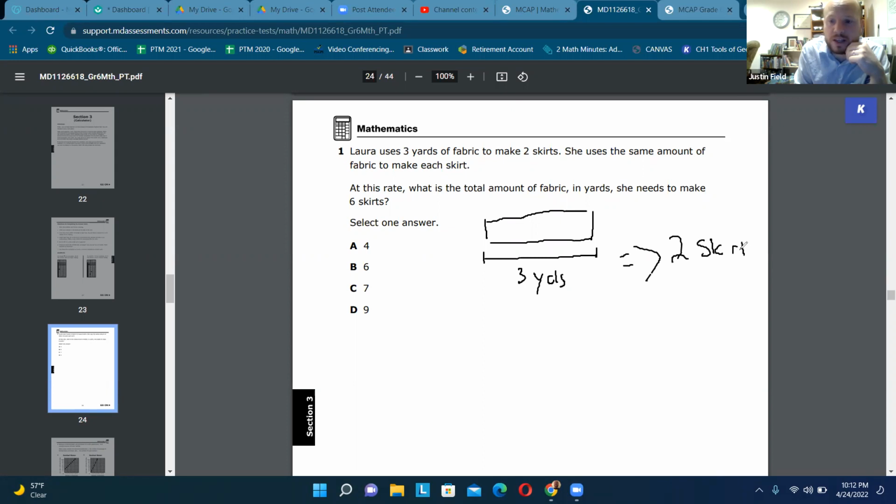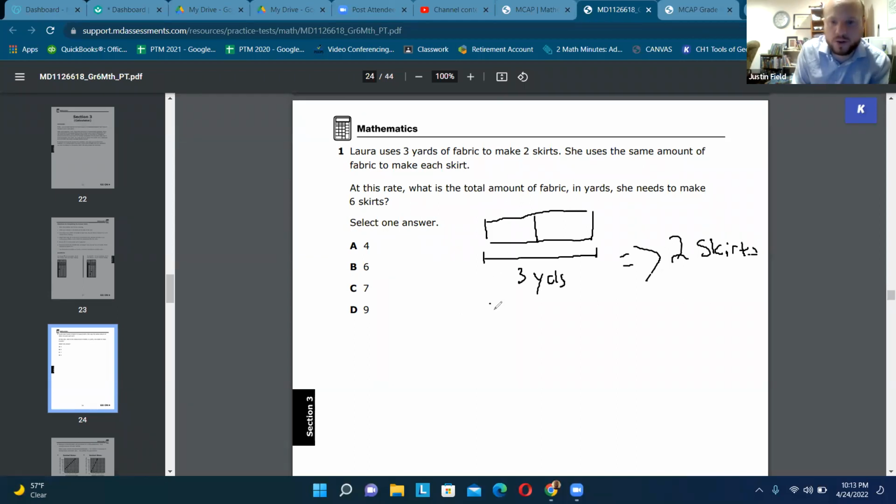I'm just trying to make sense of the problem. She used the same amount of fabric for each skirt naturally, right? Like 3 divided by 2, 1.5. At this rate, what is the total amount of fabric in yards she needs to make 6 skirts?